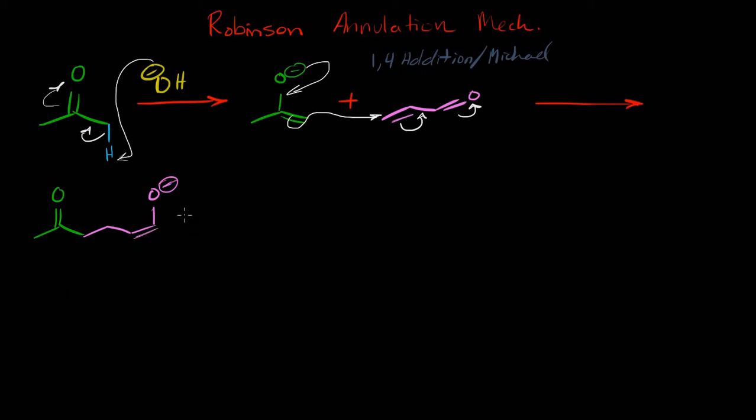So going back a little bit, when our hydroxide pulled off that alpha proton, we created water, which we're going to use as an acid here. Our enolate will pull off that proton, and from there, we get to this intermediate.